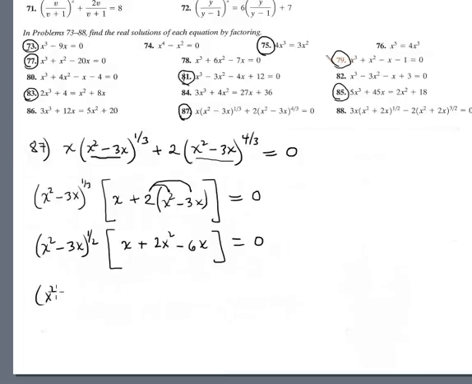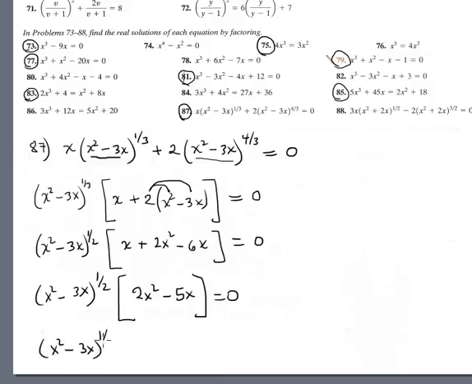Finally, x squared minus 3x raised to the 1/2, bracket, this is 2x squared minus 5x equal to 0. So we apply the zero factor rule. We have two equations. This is the first equation equal to 0, and the second equation is 2x squared minus 5x equal to 0.